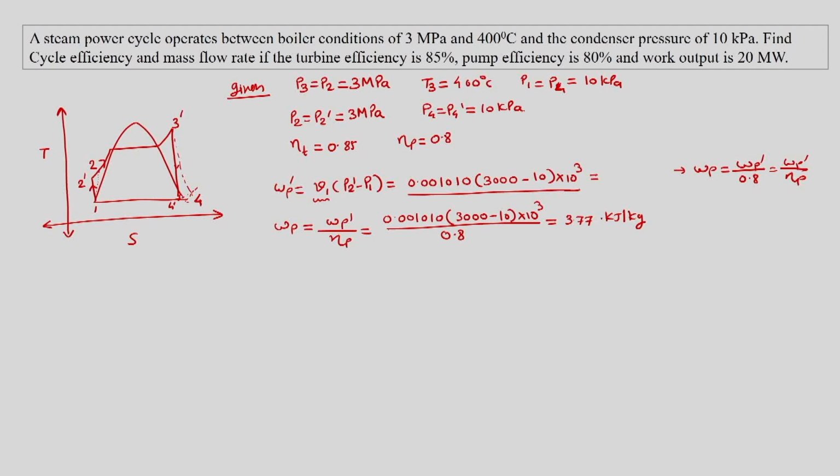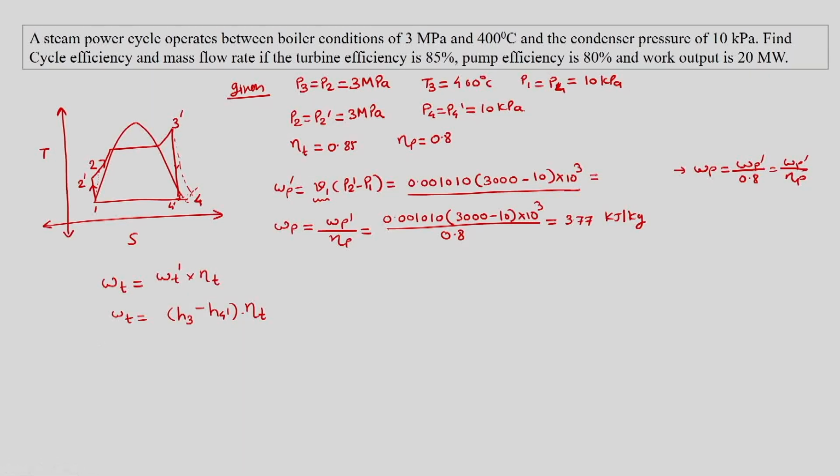Now we can find out turbine work. Similarly, real turbine work is equal to ideal turbine work into turbine efficiency. So ideal turbine work, we know it is H3 minus H4 dash, into turbine efficiency. Now we can find out H3 from the steam table.